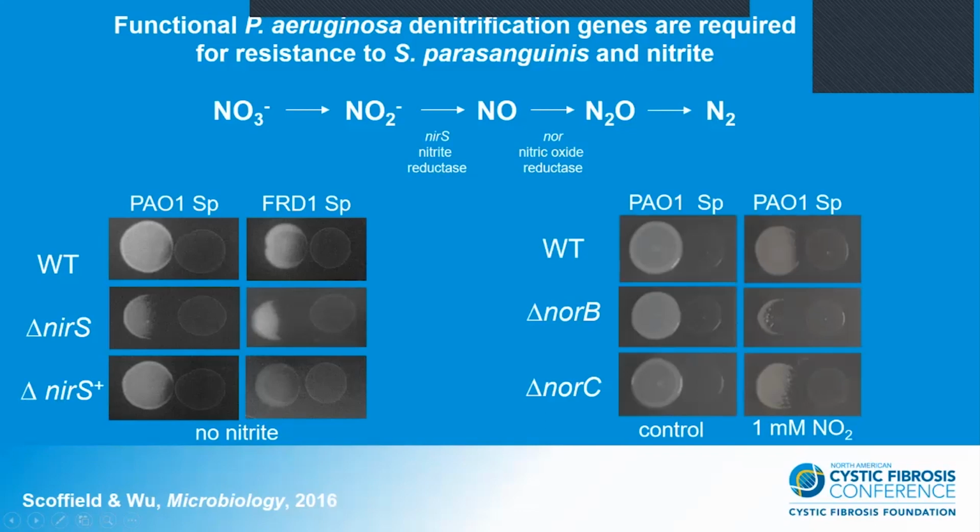However, in the NOR-B mutant, when it was exposed to parasanguinus and nitrite, it was more susceptible to parasanguinus and nitrite-mediated stress compared to wild-type PA1. Similarly, we had increased killing in the NOR-C mutant compared to wild-type PA1, which suggests that NOR-B and NOR-C are critical for the response to reactive nitrosative stress by Strep parasanguinus.